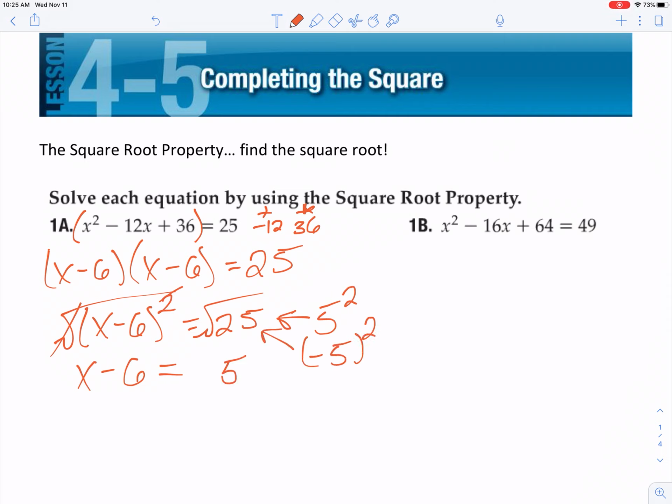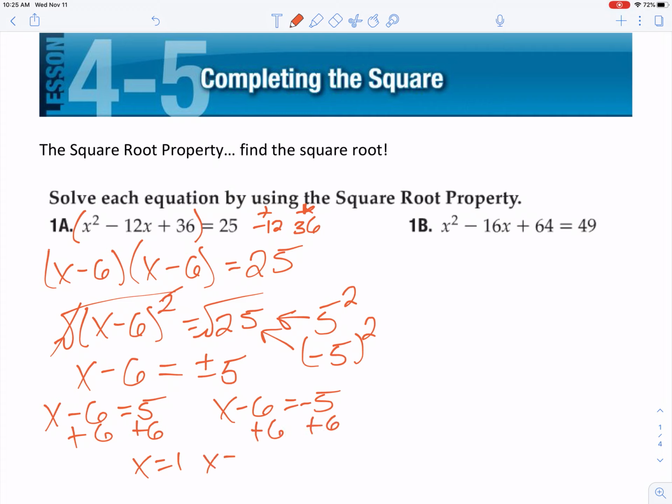It's a plus sign on top of a negative sign that says, hey, my answer could have been positive or negative, either way. That actually gives me two equations to solve. X minus 6 equals positive 5, and x minus 6 equals negative 5. From there you can solve, and you get x equals 11 and x equals 1.